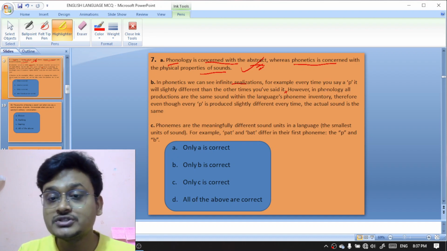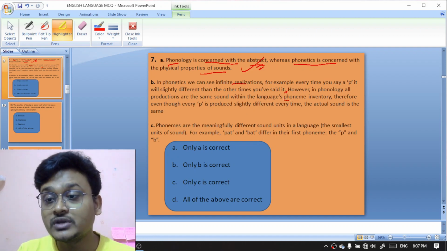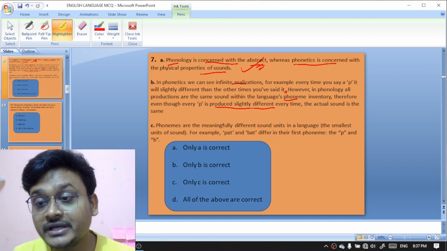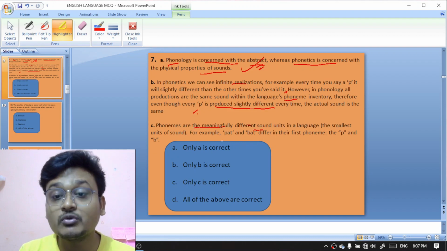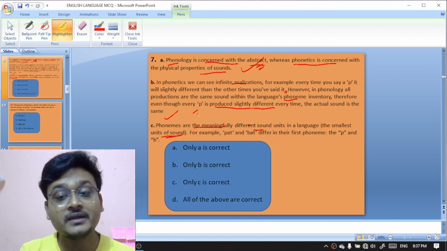However, in phonology, all productions are the same sound within the language's phoneme inventory. Therefore, even though every P is produced slightly differently, the actual sound is the same. Phonemes are the meaningfully different sound units in a language. The smallest unit of sound is called a phoneme. It is very true. So A, B, C, all of the above are correct.